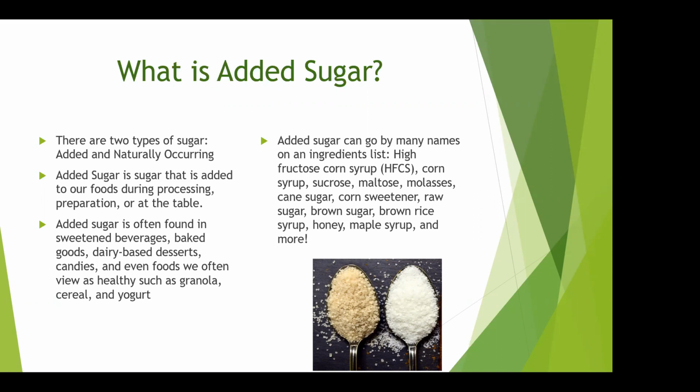So we've got some of the examples here, things like high fructose corn syrup, sucrose, maltose, molasses, things like honey and maple syrup, maybe while less processed than regular table sugar, are still considered an added sugar. And they are providing a lot of empty calories, which we'll talk about here in just a second.